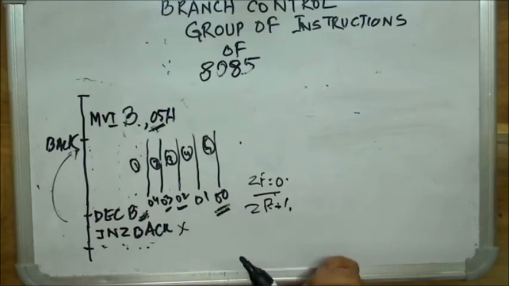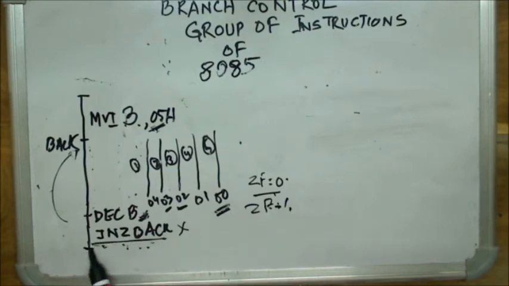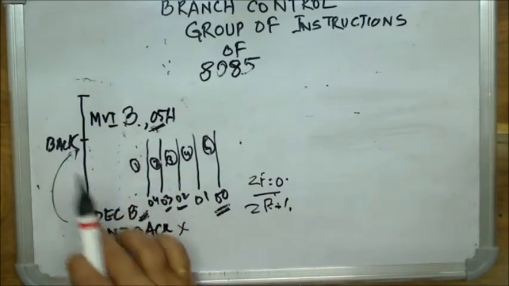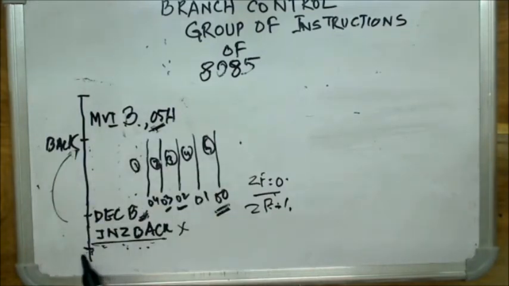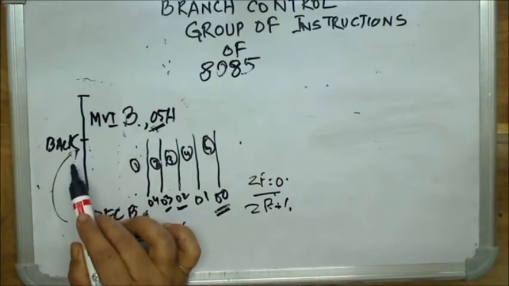So when this instruction becomes false, the program will go to the next memory location. That is, it will come out of this loop. It will not go back.